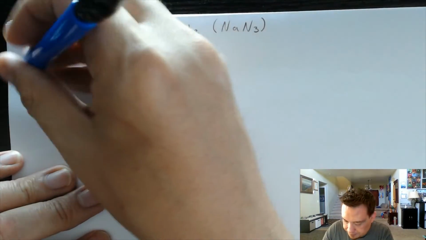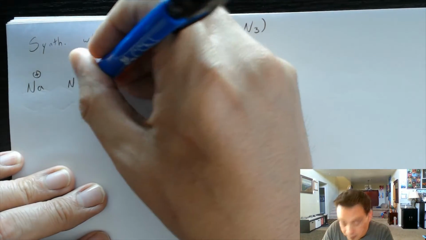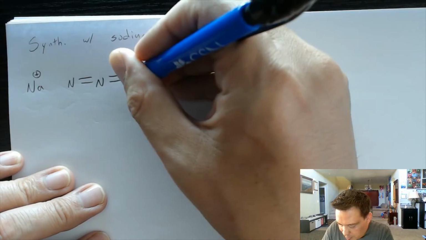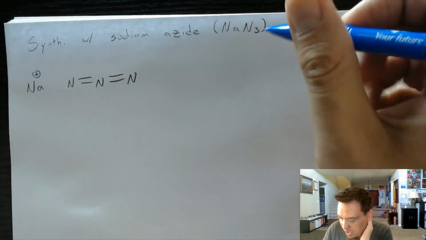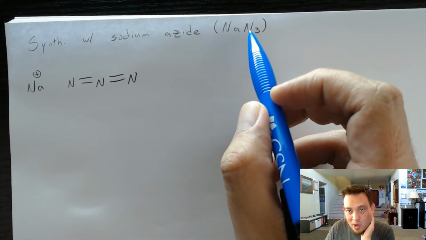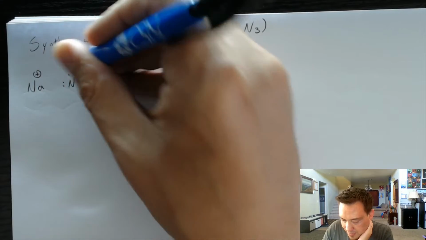All right. So what I'm doing here now is I'm just drawing your azide ion out. Based off the formula here, overall it should be a -1.